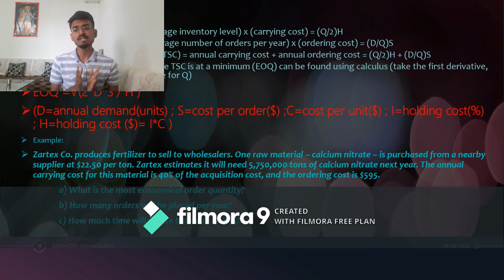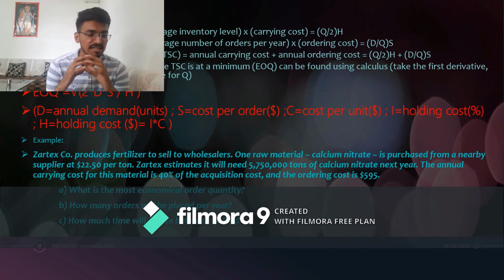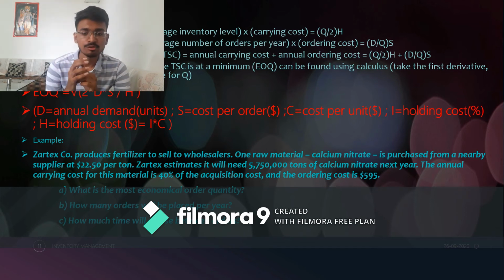So the example is: Zartex company produces fertilizer to sell to wholesalers. One raw material, calcium nitrate, is purchased from a nearby supplier at $22.50 per ton. So what is $22.50 per ton?